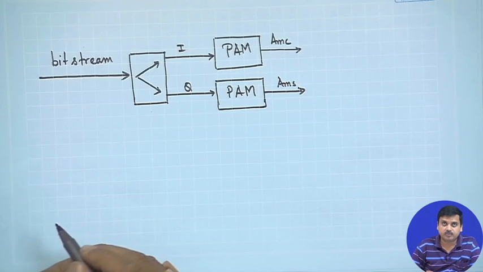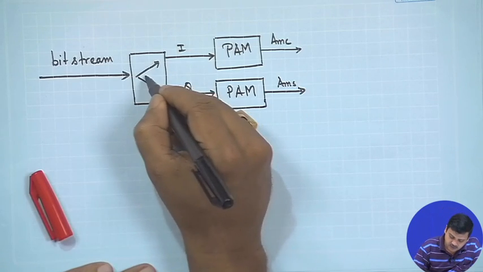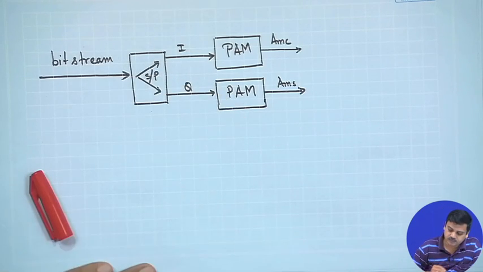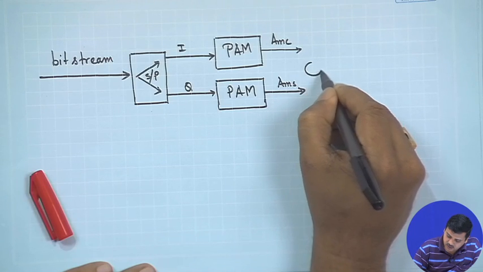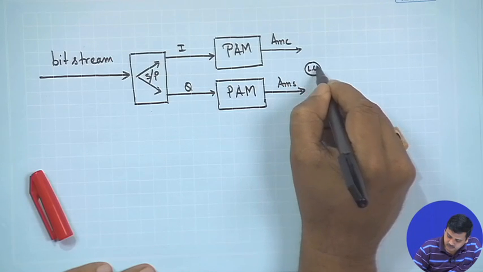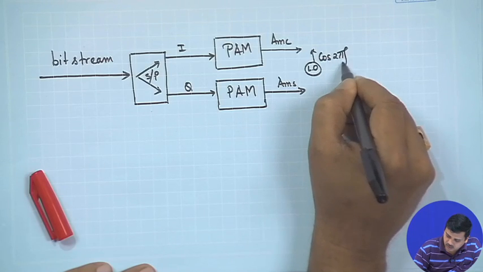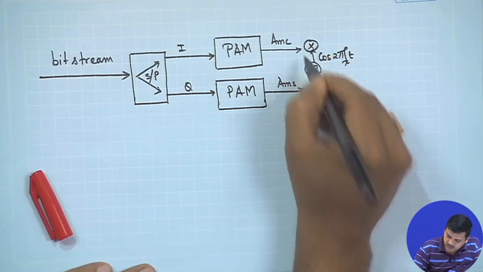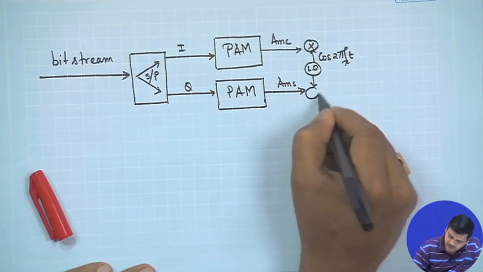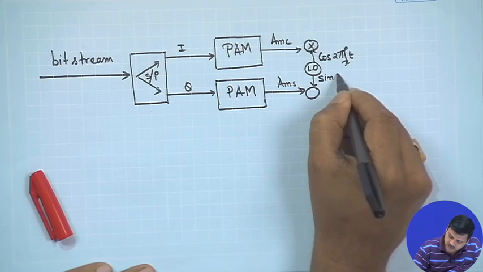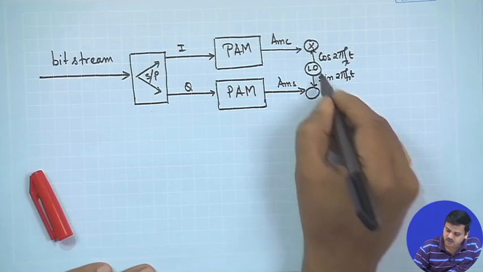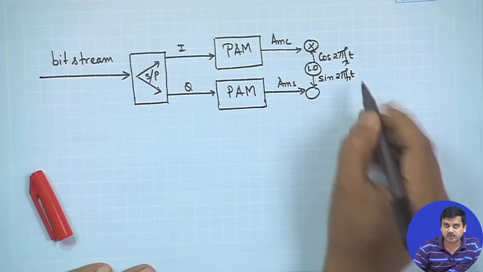So, it is serial to parallel conversion you can think of, right, and then there is a local oscillator which sends cos 2 pi f c t, and there is a multiplier and which sends a sine 2 pi f c t. So, this could be generated by passing this through a Hilbert transform.